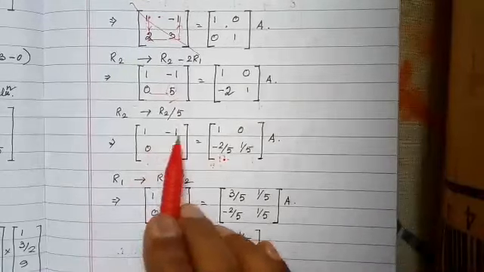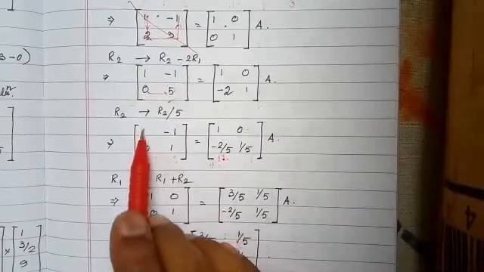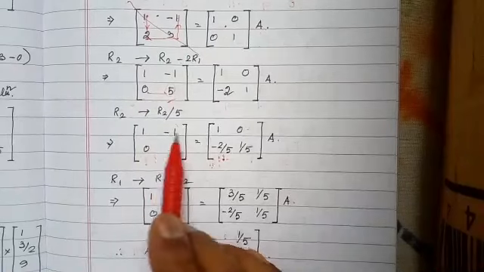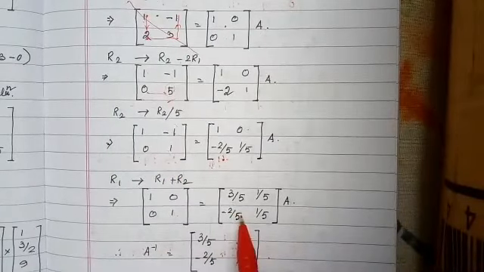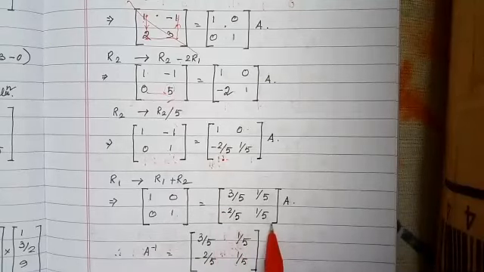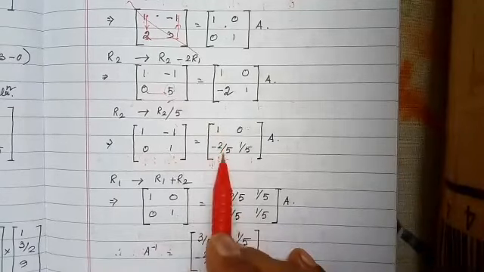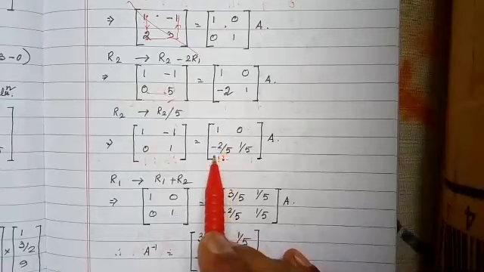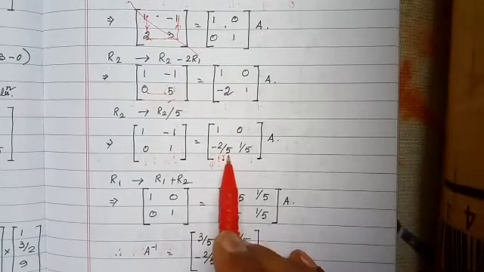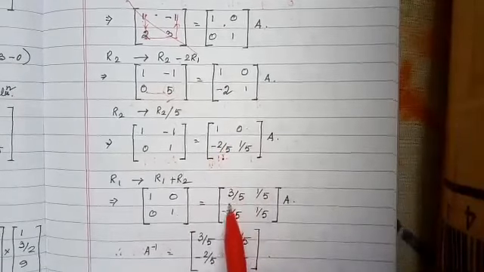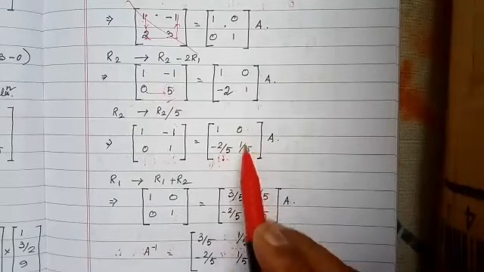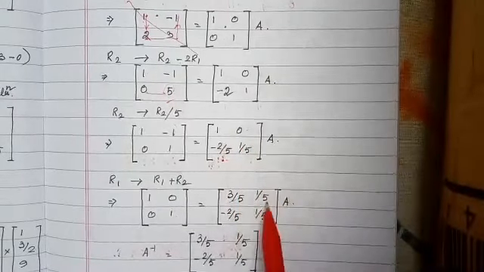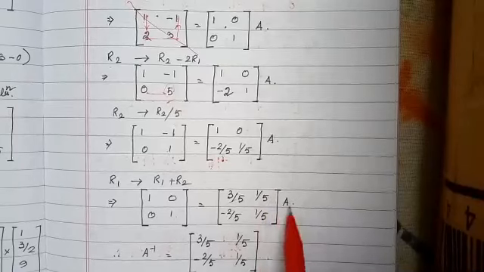For R1, we write R1 plus R2. So 1 plus 0, 1. Minus 1 plus 1, it is 0. Similarly for this one, the same operation is done. R2 as it is. R1, this plus this. So 1 plus minus minus 2 by 5. 5 1s are 5, minus 2, 3 by 5. So it is 3 by 5. Then 0 plus 1 by 5, so it is 1 by 5 into A.